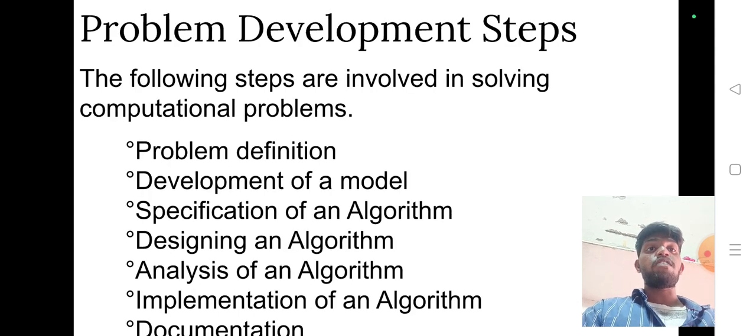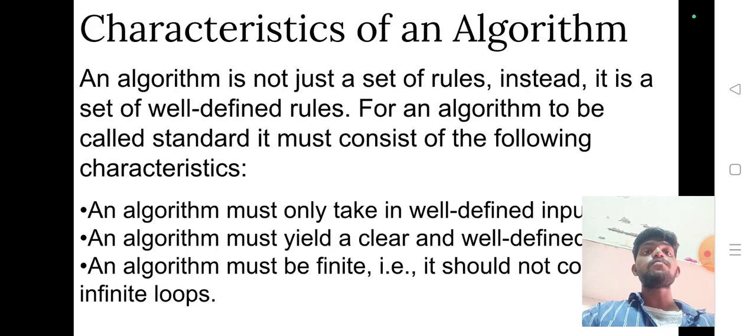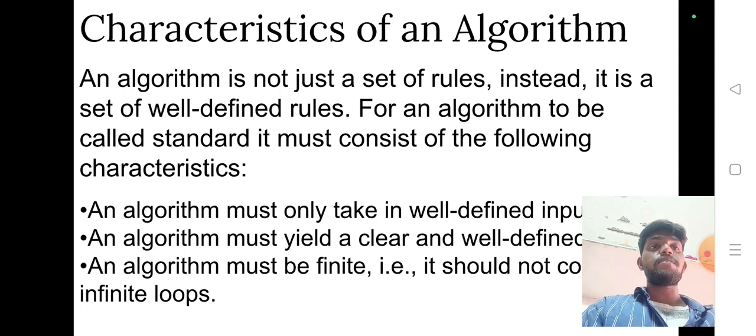Problem development steps. The following steps are involved in solving a computational problem: problem definition, development of a model, specification of algorithm, design of an algorithm, analysis of an algorithm, implementation and documentation. Characteristics of an algorithm. An algorithm is not just a set of rules, instead, it is a set of well-defined rules.